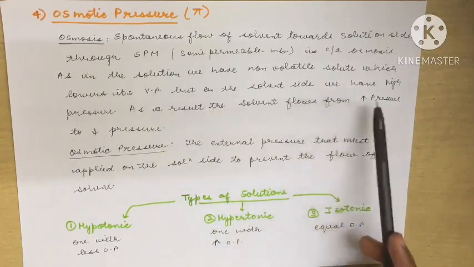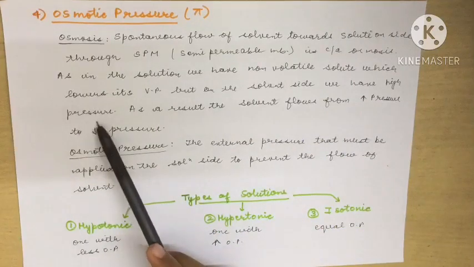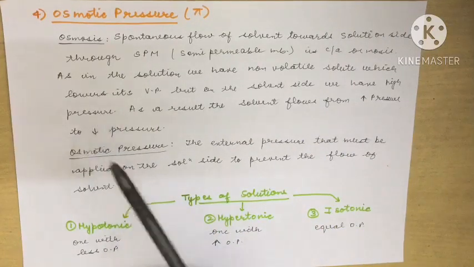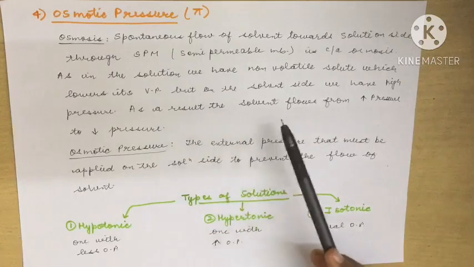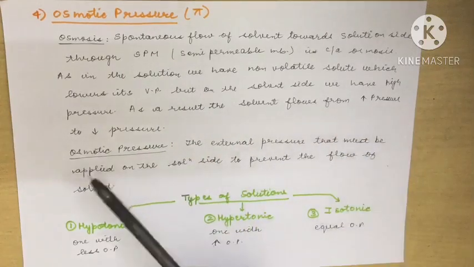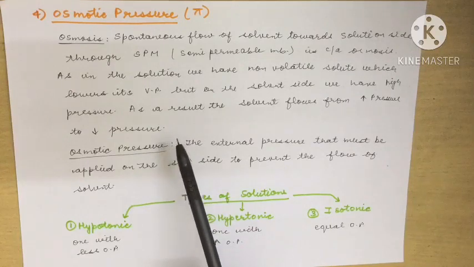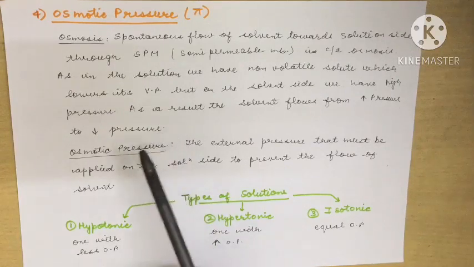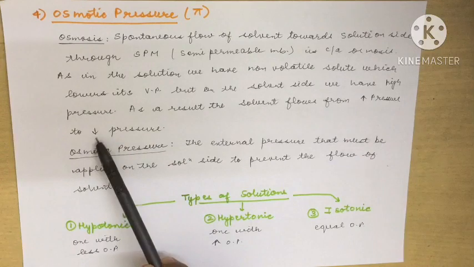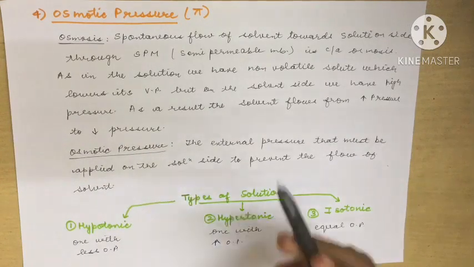But on the solvent side, we have high pressure. Why? Because no solute is present. As a result, the solvent flows from higher pressure to lower pressure. This is the basic theory that you should know, that always the molecules will flow from the side which has the greater pressure to the side with the lower pressure.